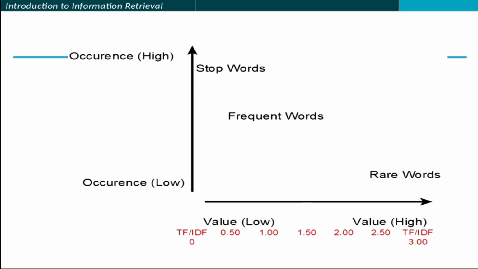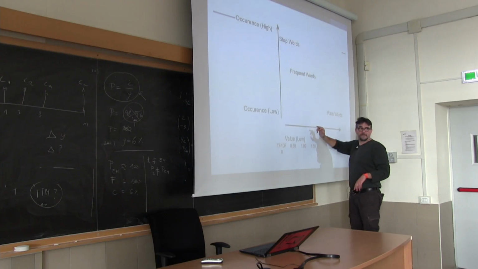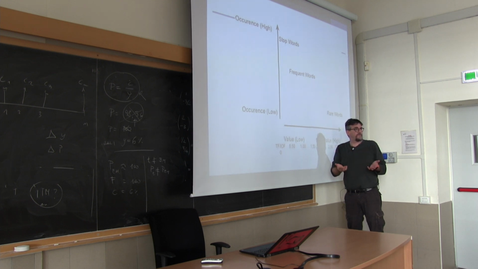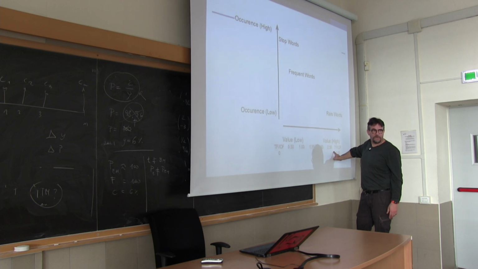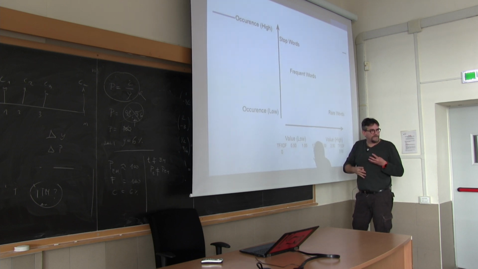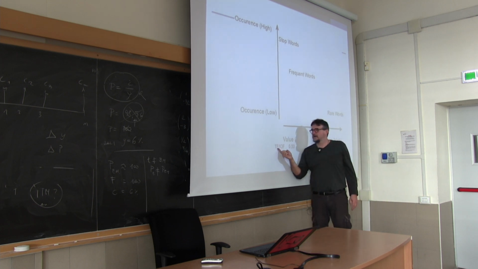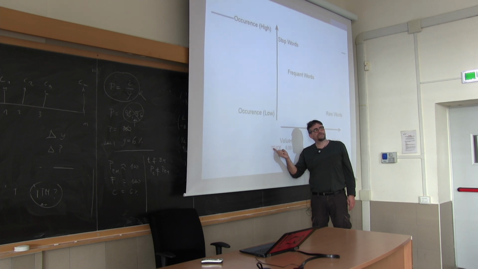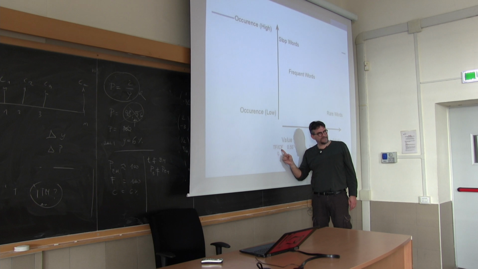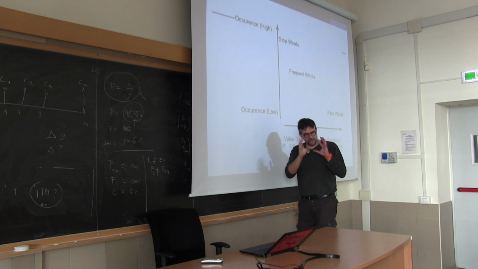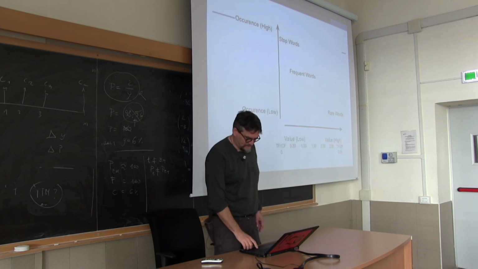If you have very rare words that provide a lot of information, very informative, you get a high tf-idf. It's a combination between the two, taking into consideration both the frequency of a term in a document and the inverse document frequency of a term in the collection.